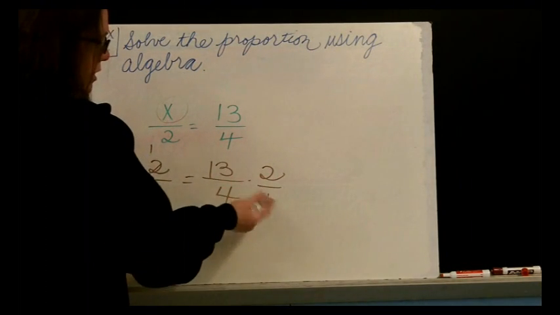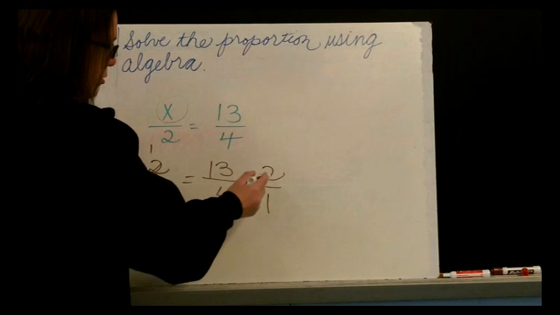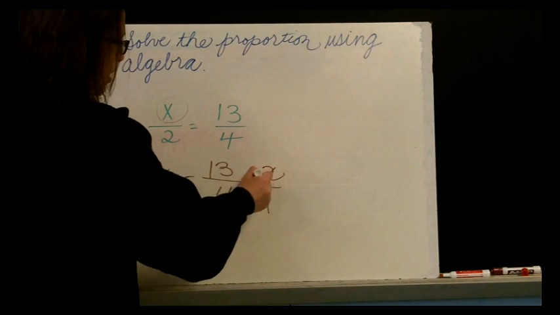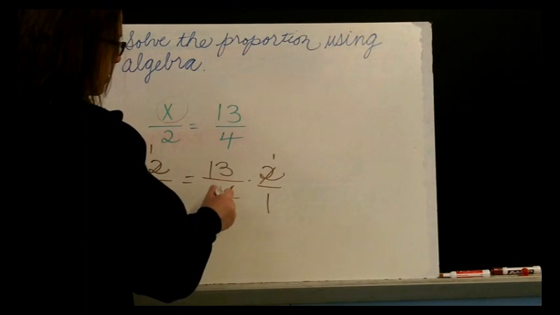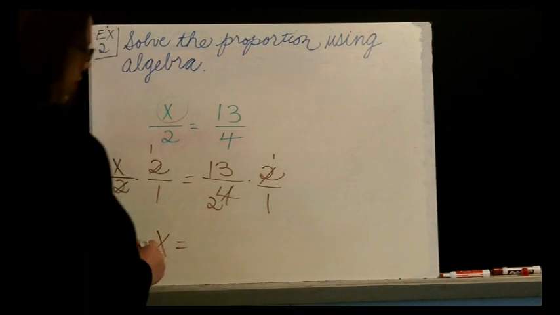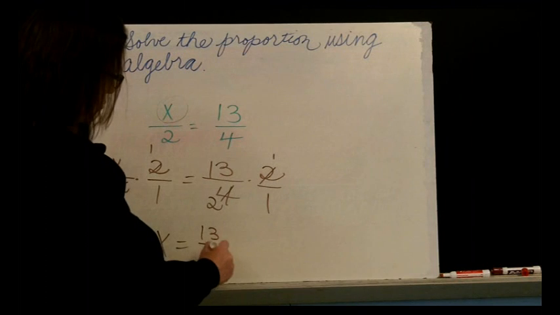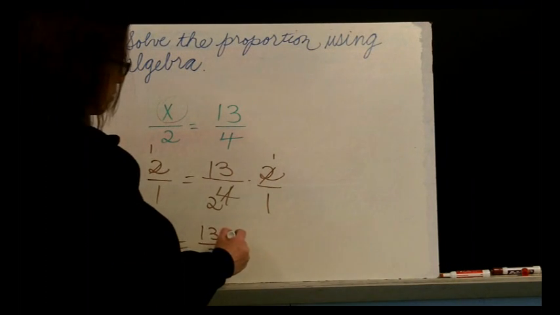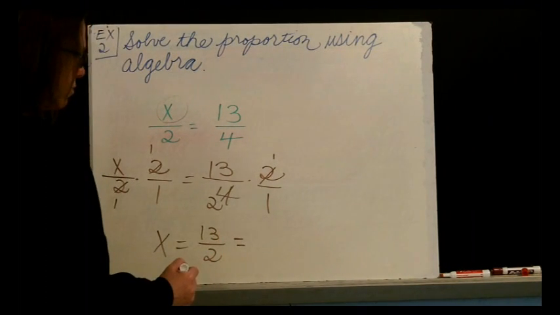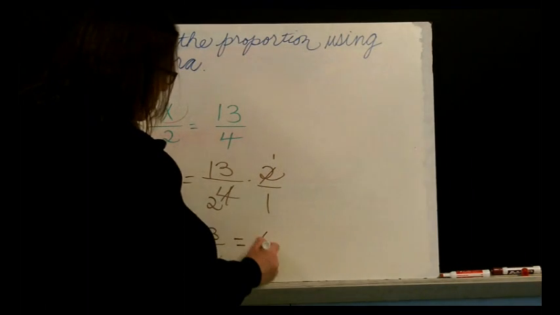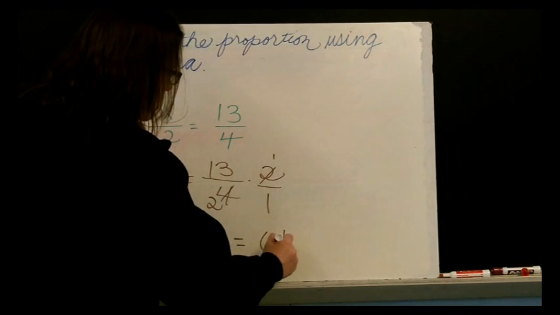Over here, the 13 and the 1 were already prime numbers, but the 2 and the 4 can be simplified. 2 goes into itself once, 2 goes into 4 twice. So we end up with x equaling 13 over 2, but because it is an improper fraction, we need to write it in simplest form. We have x equaling 6 and 1/2.